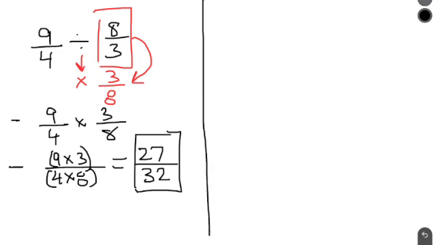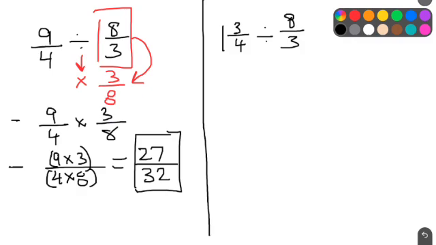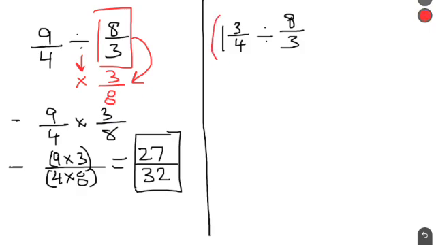Okay, in the situation where you would see a mixed number, let's add a 1 and 3/4 divided by, let's say, 8 over 3 again. The first thing you would want to do is change this mixed number to an improper fraction.